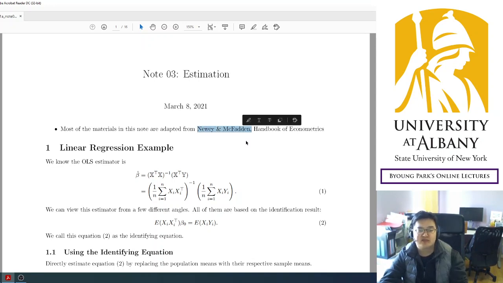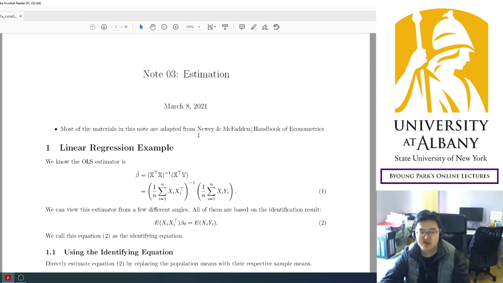I will upload this paper to Blackboard, so if you are interested, you need to read it. If you are seriously considering majoring in econometrics, this paper is a must read. Every econometrician has to understand these materials, pretty much the basics.